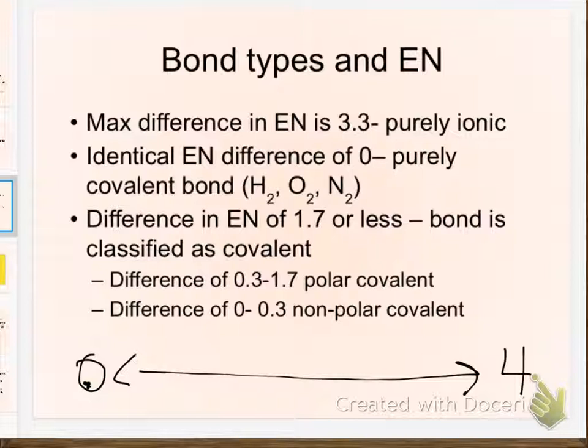It's 0.7. The lowest electronegativity of any element, 0.7. So the maximum difference you can have in electronegativity is 3.3. If you take the most electronegative thing there is and the least electronegative thing there is, then you have a difference of 3.3. And that means that they are total, there's no sharing going on whatsoever.